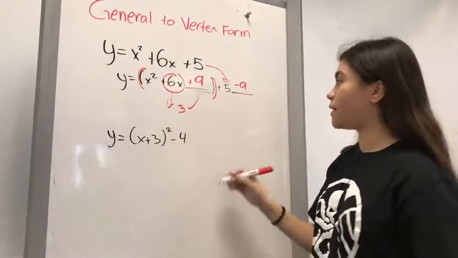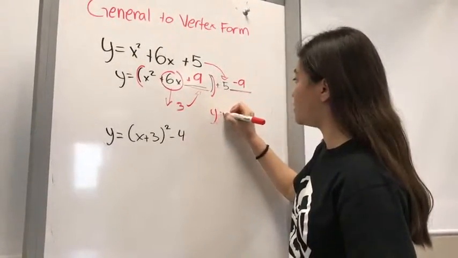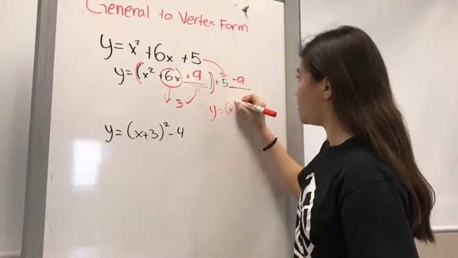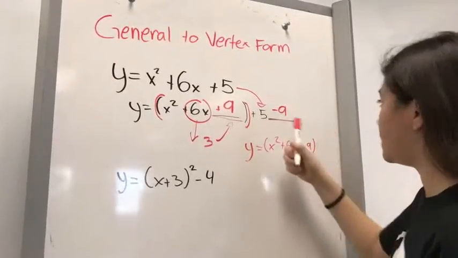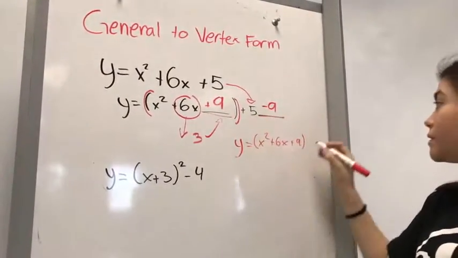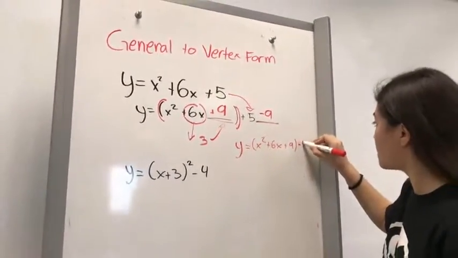We solve this by concluding y equals x² plus 6x plus 9, and then 5 minus 9 is -4.